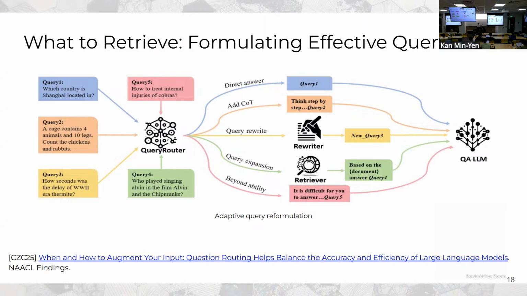As we can see from the figure, on the left hand side, there are four queries. In fact, they correspond to different types of queries. For example, for query 1, we can directly provide the answer. For query 2, chain of thought is a better choice.